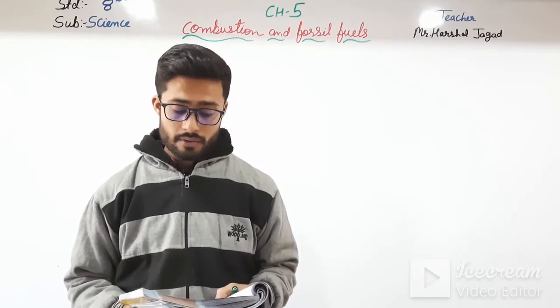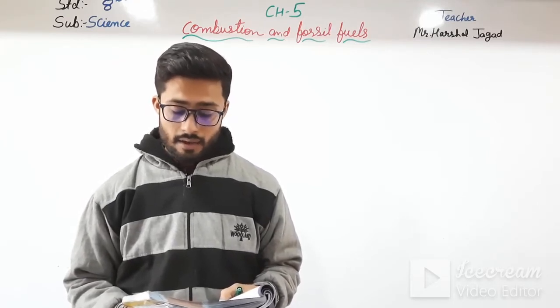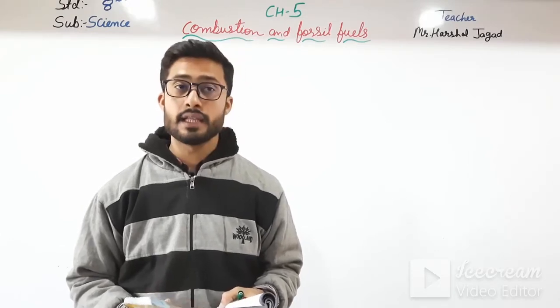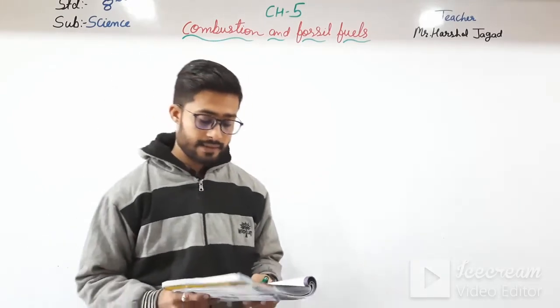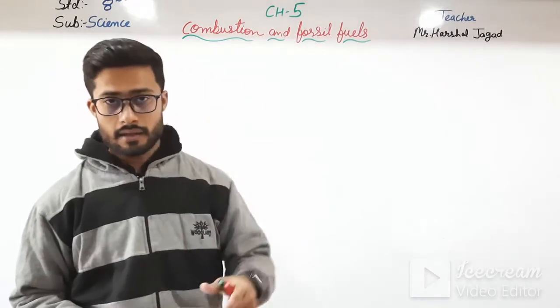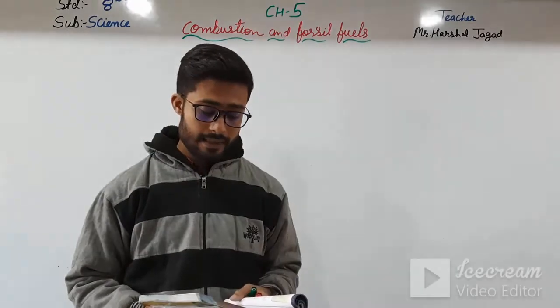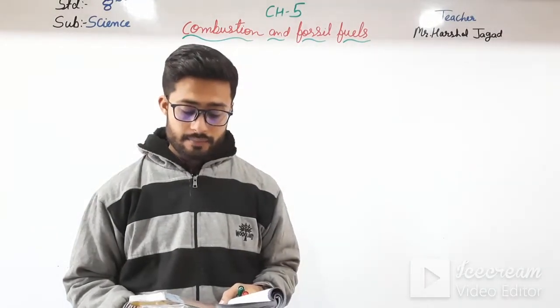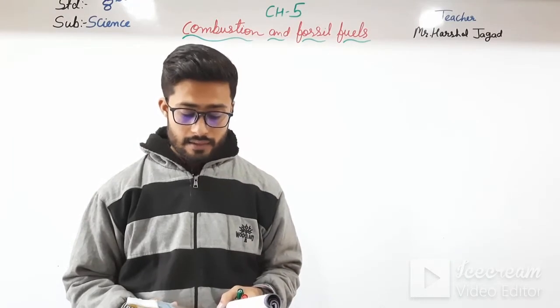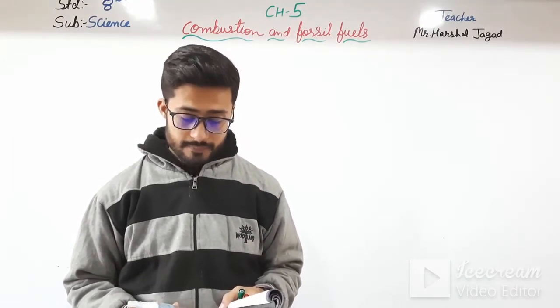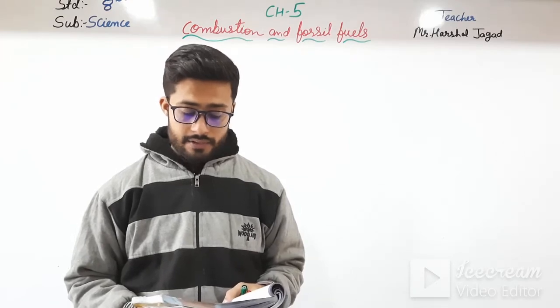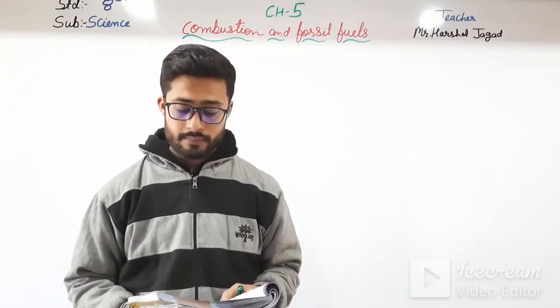Add some water to the bowl, light the candle and cover it with an inverted glass, meaning the inverse of the glass. The candle burns for some time before getting exhausted. Conclusion: oxygen supports combustion or helps in burning.